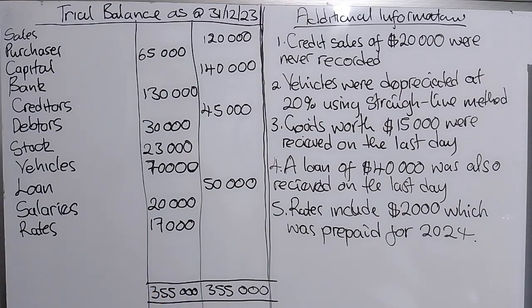These are the items on our trial balance, and as you can see, it's balancing at 355,000 on both the credit and the debit side.